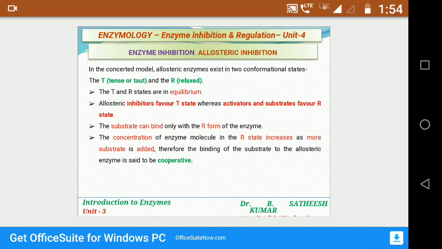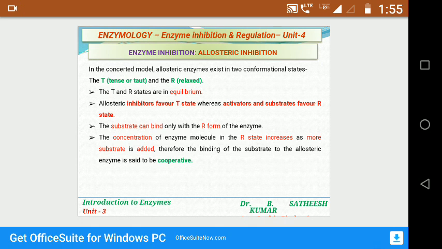So therefore, all allosteric enzymes exist in either T form or R form, depending on the presence of activator or inhibitor. Here the R and T states are in equilibrium. Allosteric inhibitors favor the T state, which is the inactivated form, whereas activator and substrate favor the R state.